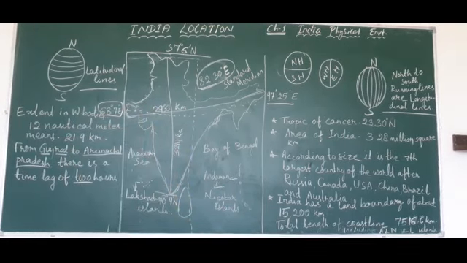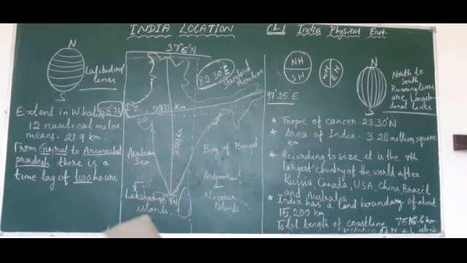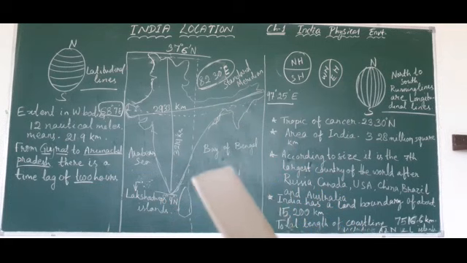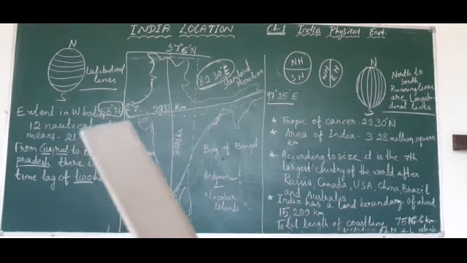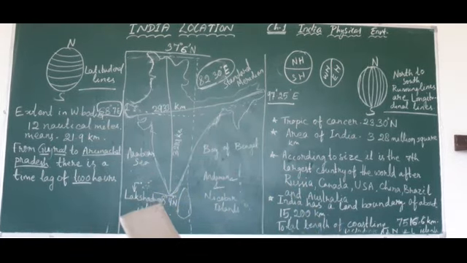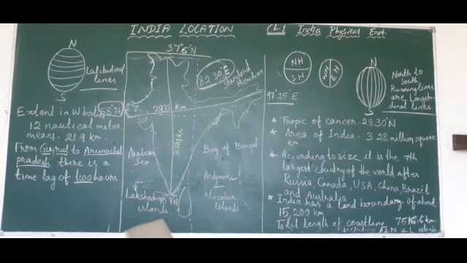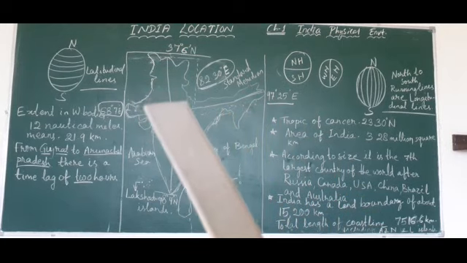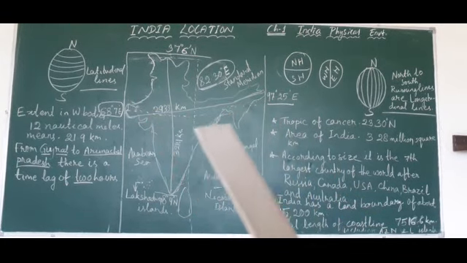Then the southwest part is bounded by the Arabian Sea, whereas the southeast part is bounded by the Bay of Bengal, and the southern part of India is the Indian Ocean. So in the south India is bounded by three water bodies: the south is the Indian Ocean, the east the Bay of Bengal, the west the Arabian Sea, whereas the northeast is bounded by the Young Fold Mountains, that is the Himalayan mountains.